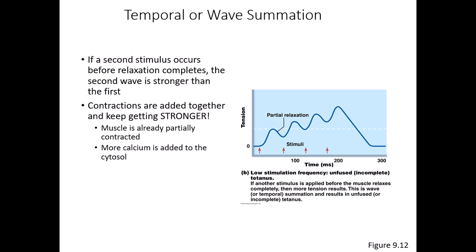So that's what interrupting the relaxation period does. That's why it allows for the next wave to be higher, to be stronger, have greater tension. So this process increases the force of the muscle contraction, allows for greater strength, but also results in kind of a smooth, continuous muscle contraction.